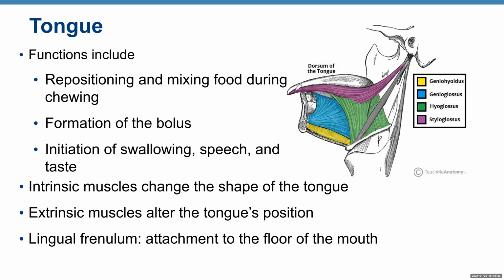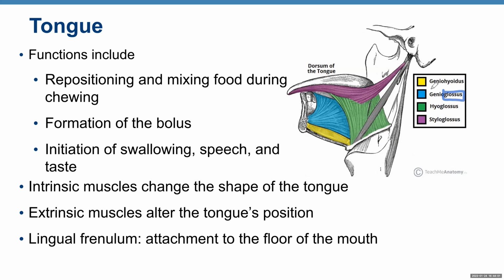If you look over here, that's the dorsum of the tongue, and you can see intrinsic muscles such as styloglossus. All muscles related to the tongue will have this glossus part in their name.